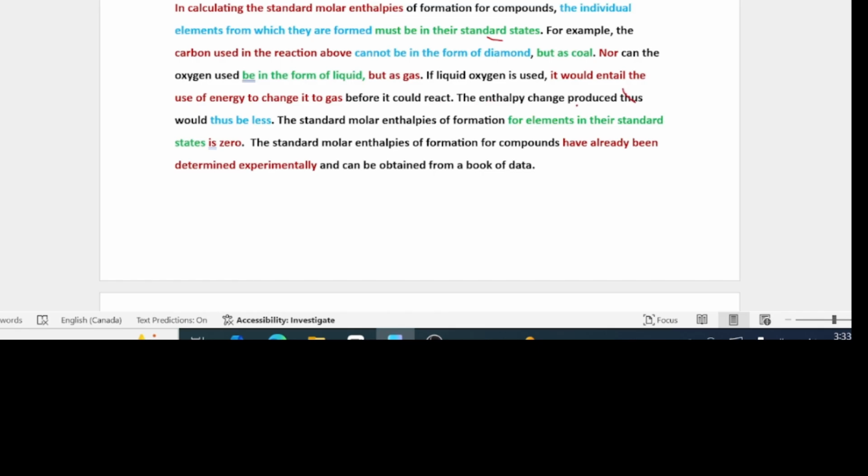The enthalpy change produced will thus be less. Next point to note is this. The standard molar enthalpies of formation for elements in their standard states is 0. The standard molar enthalpies of formation for compounds have already been determined experimentally and can be obtained from a book of data.